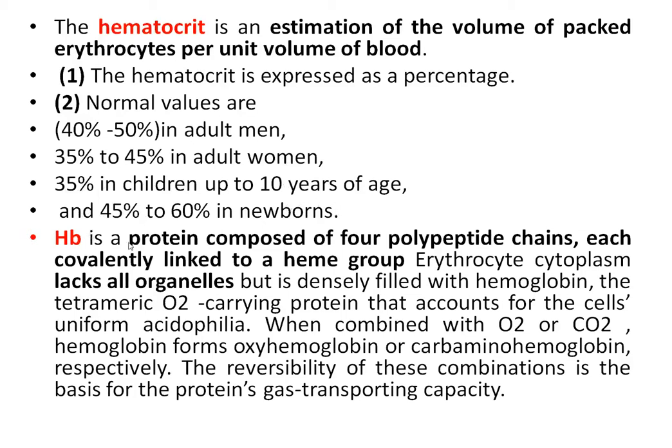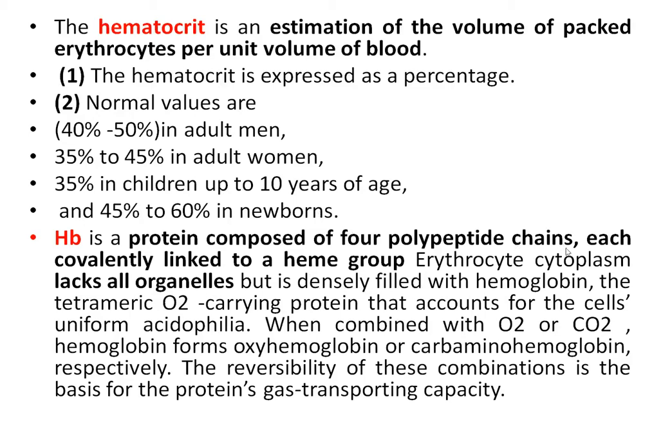Hemoglobin is a protein composed of 4 polypeptide chains, each of which is covalently linked to a heme group. I mean heme in the center, surrounded by the 4 polypeptide chains.